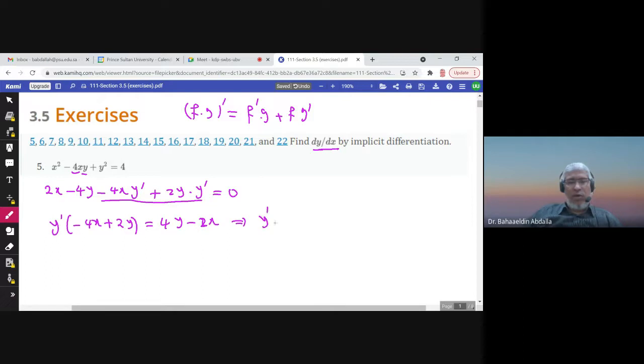And then y prime or dy by dx would be equal to 4y minus 2x over, we divide by the coefficient of y prime. So this is y prime.